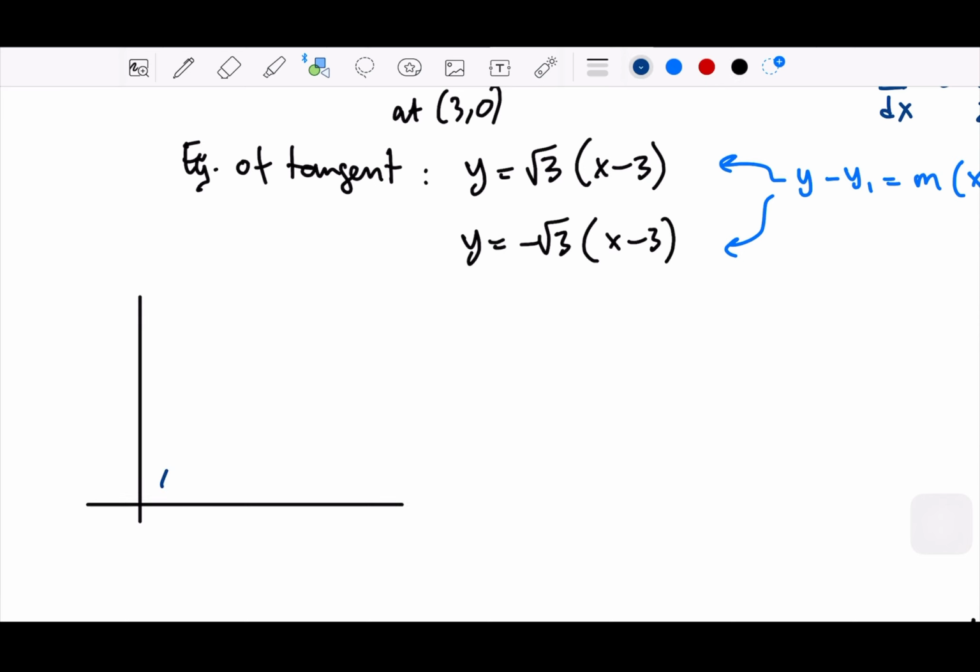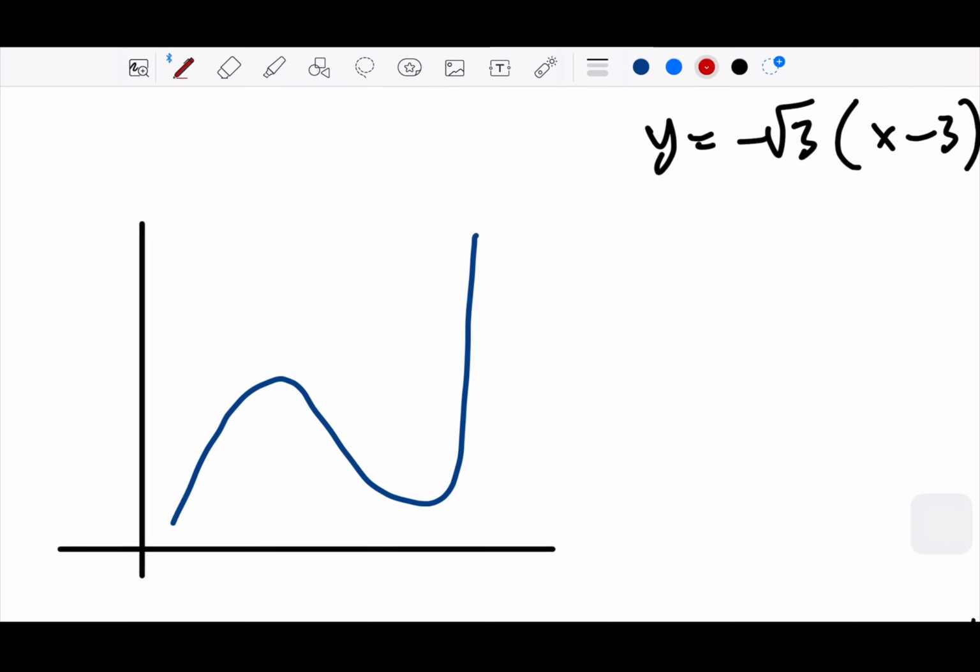Okay, imagine the curve. This is just an illustration to see where our slope will be. Imagine that you have, let's say, an asymptote here.